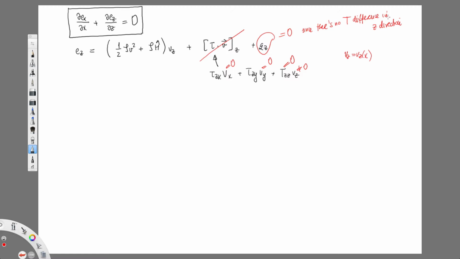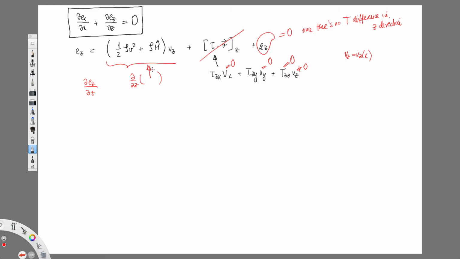Just give me 1 second to finish off. When I actually look at partial EZ, partial Z, I'm going to have partial Z of this term up here, which has VZ in there.